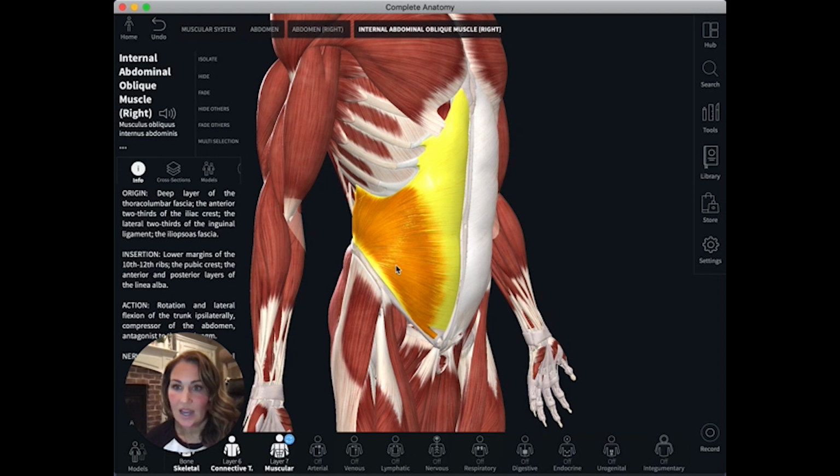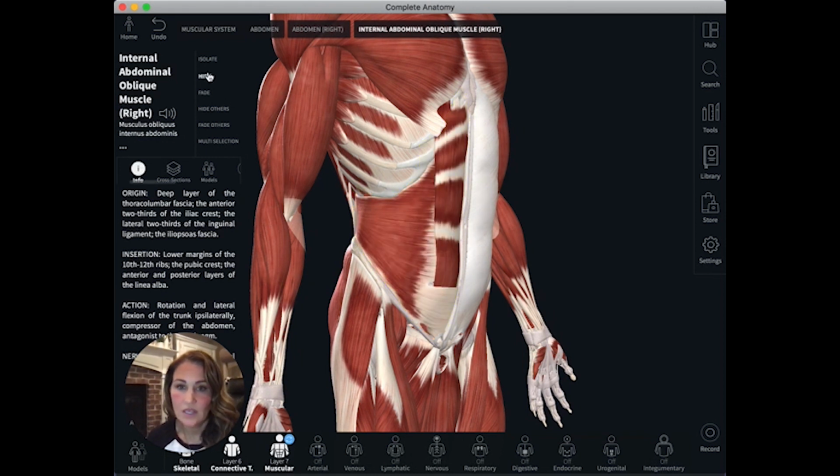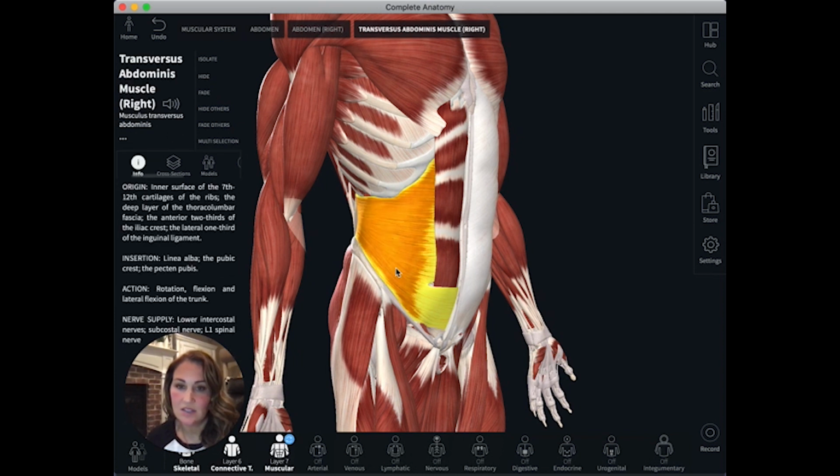So I'm going to hide this section. And the deepest muscle of the abdominal muscles is the transversus abdominis. These muscle fibers are actually going to run in a horizontal plane, so they're going to go back and forth.